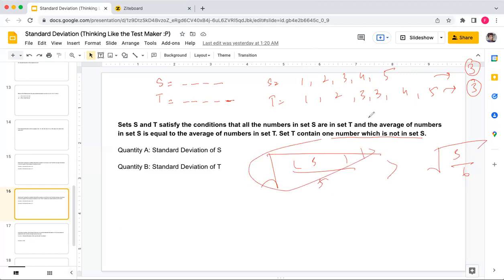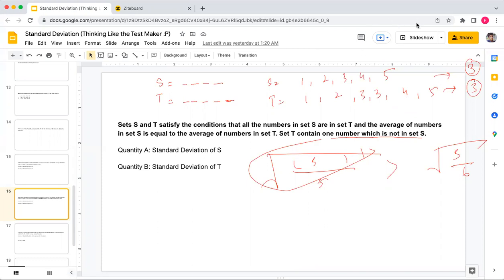The only takeaway is that if you are adding one more element and having the same average, that means you are adding exactly the average. Getting the point? But this example is not exactly mimicking the question, right? Because you have added 3 in T, but 3 is also in S. You should consider some other example. Just give me some example.